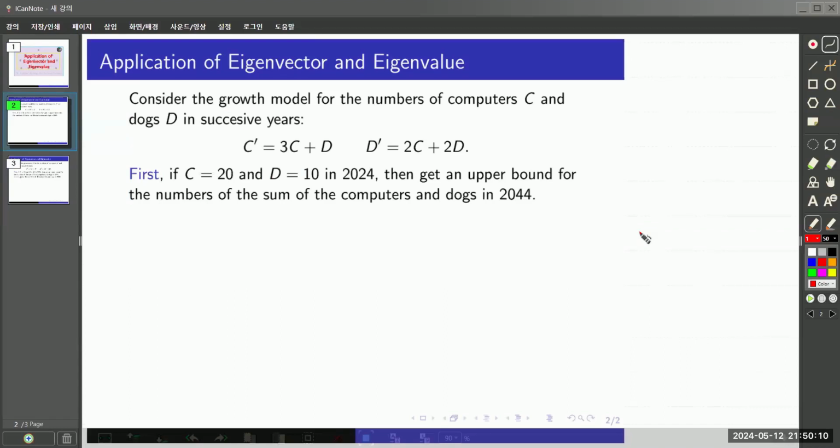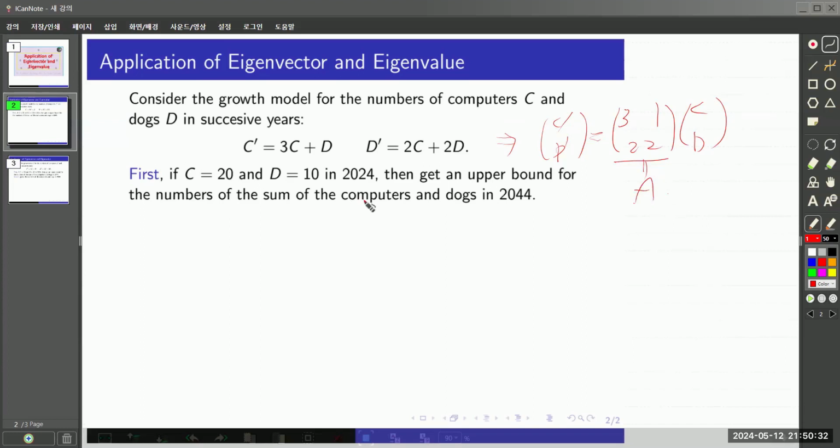From this system of linear equations, you can express it as a matrix product: C', D' equals the matrix [3, 1; 2, 2] times C, D. Call this matrix A.